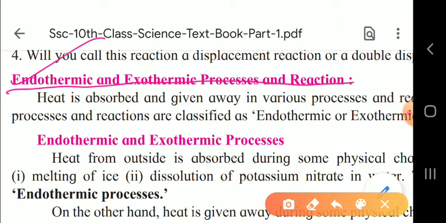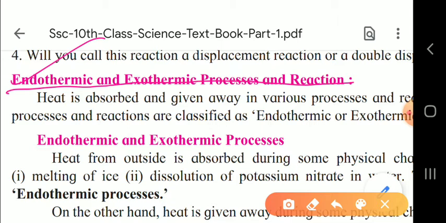Here, in endothermic and exothermic processes, we will see that heat from outside is absorbed during some physical changes. For example, melting of ice, dissolution of potassium nitrate in water, etc. These are endothermic processes because heat is absorbed.